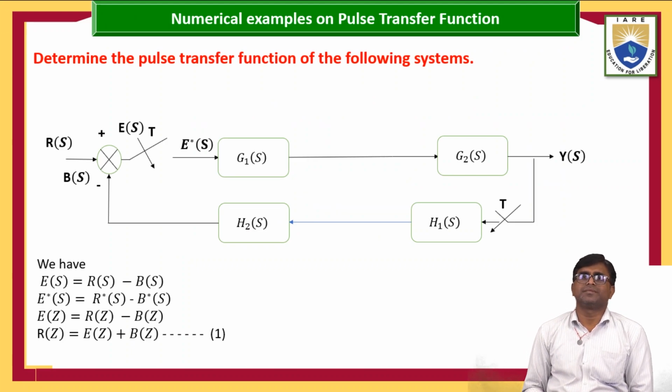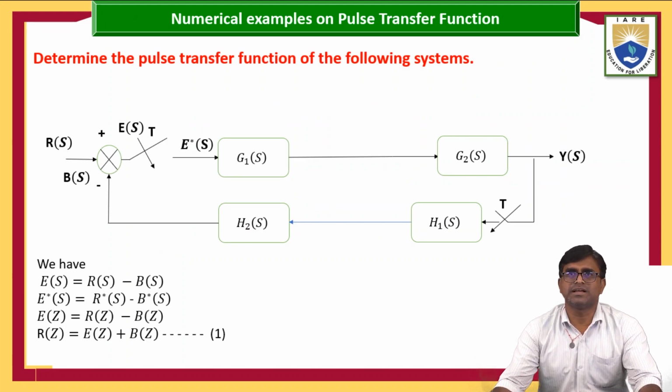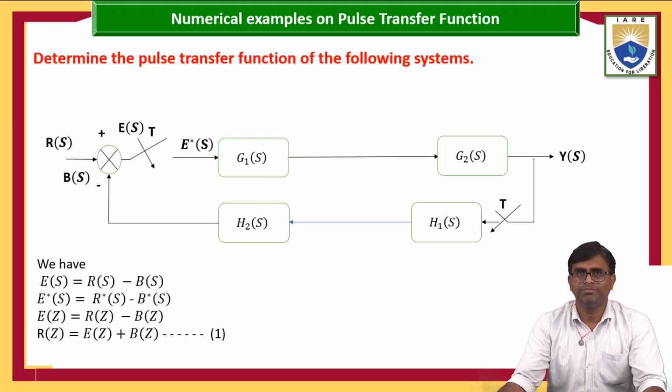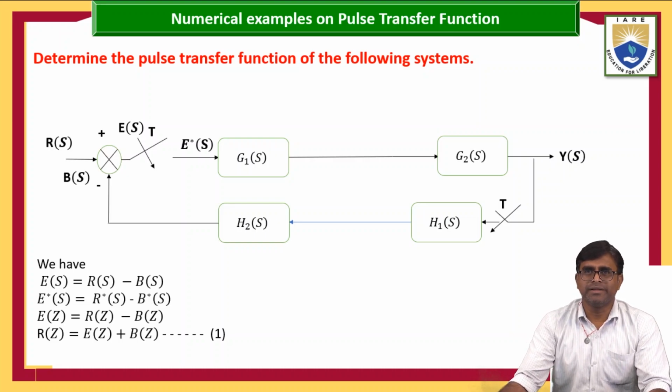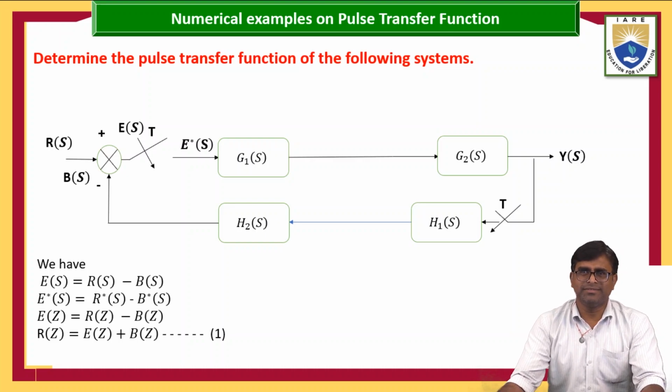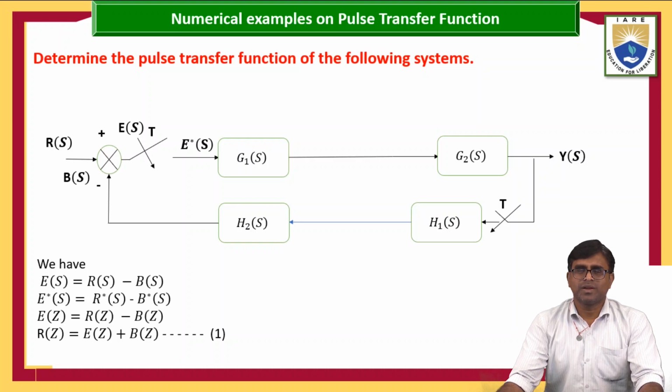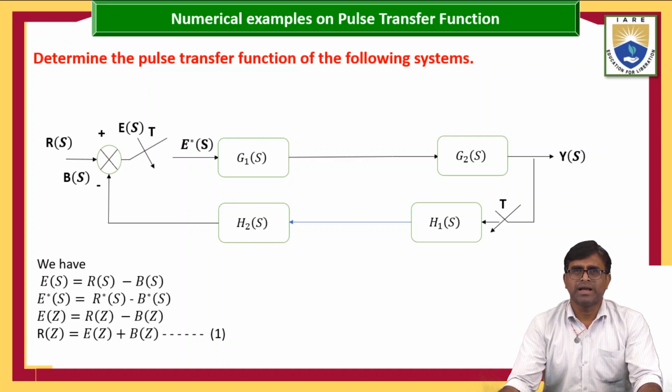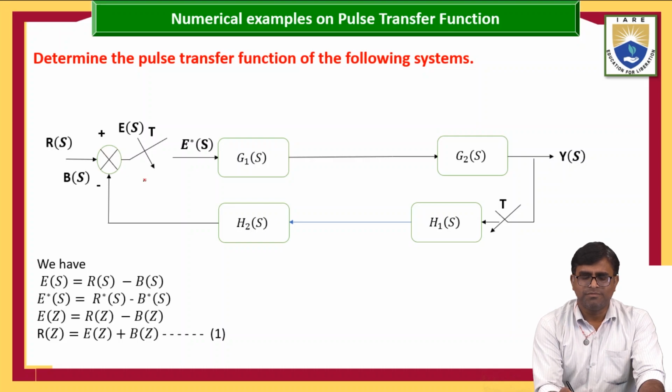See the first one. I am taking: determine the pulse transfer function of the following system. Here, R of S is the input function, and it is a one pulse transfer function.